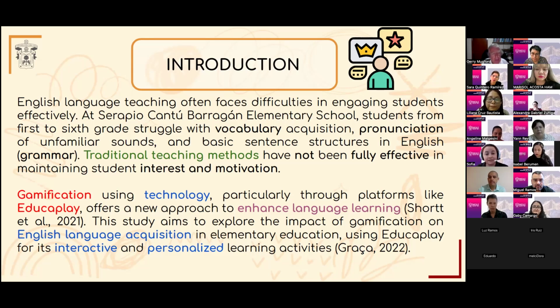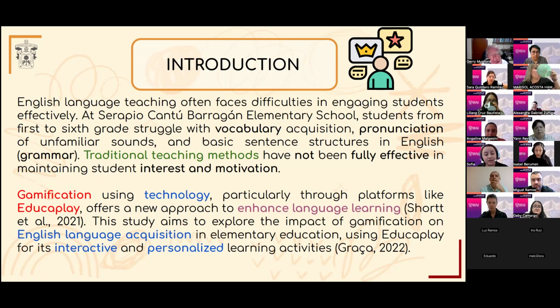To address these issues, digital tools look at gamification, using technology as a potential way to improve English language learning. The focus is on using EducaPlay, a platform that allows teachers to create personalized learning activities.